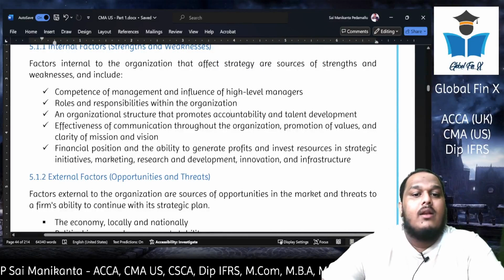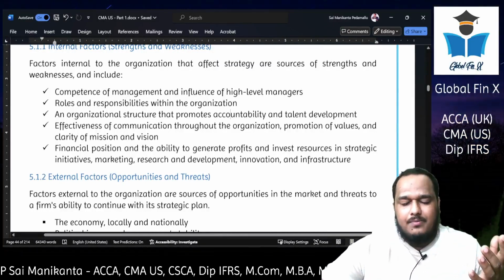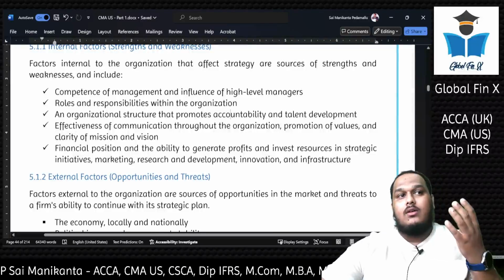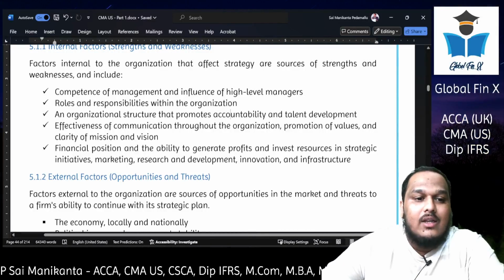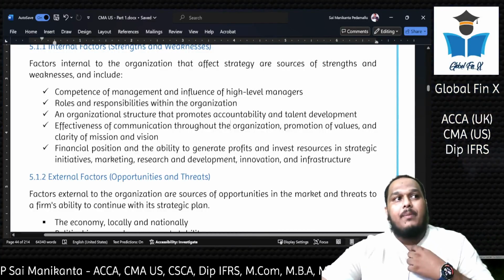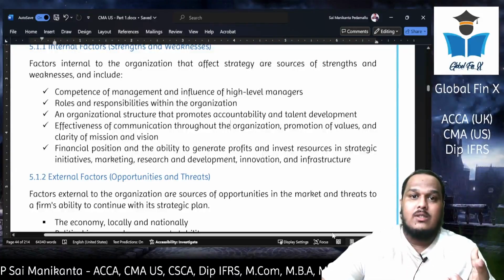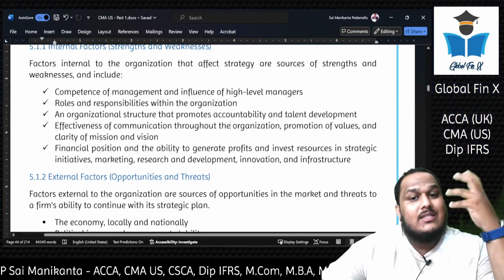For example, Mark Zuckerberg is a strength of Meta Inc. Vijay Mallya is the weakness of Kingfisher Airlines. As simple as that. Then roles and responsibilities within the organization: some people stick to their roles and responsibilities and do a damn good job at fulfilling them. That would be a strength.